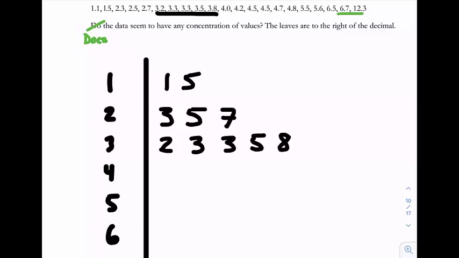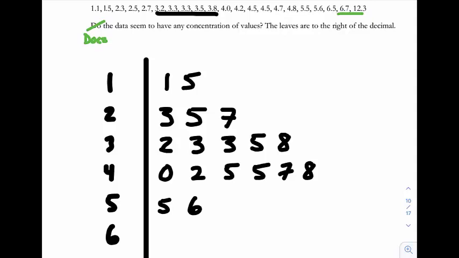Done. Now 4.0 kilometers, 4.2, a couple of 4.5s, 4.7, 4.8, nicely putting that in order. Done with the 4 kilometers. Then 5.5 and 5.6. Okay, done.